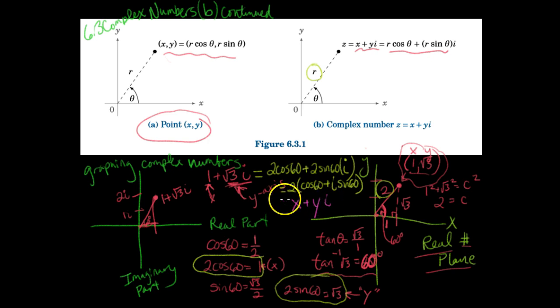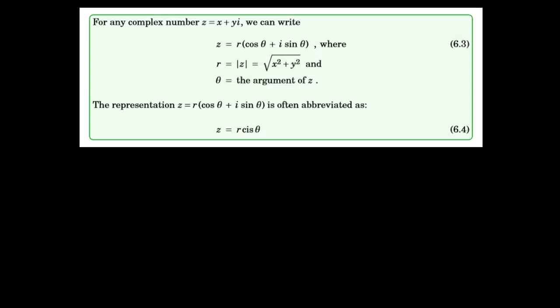That's what we had in this form. And our specific number was 1 plus the square root of 3i. So I'm saying that the 1 plus square root of 3i is equal to this value right here. So here is the little green box.